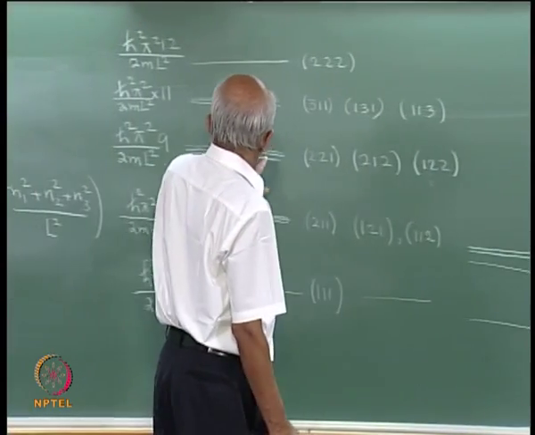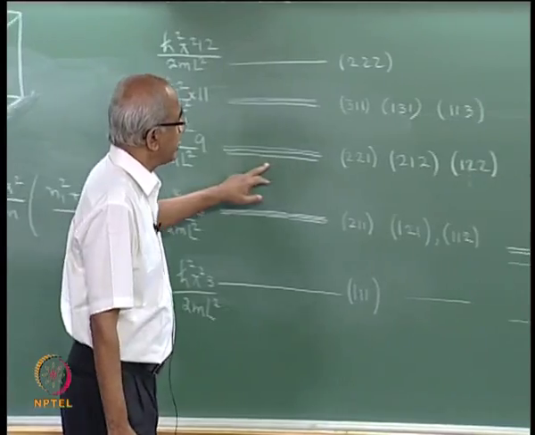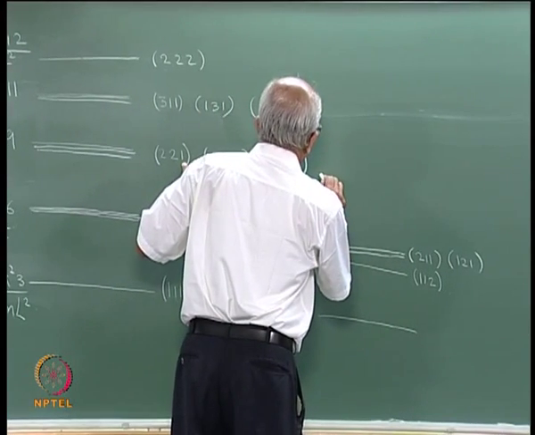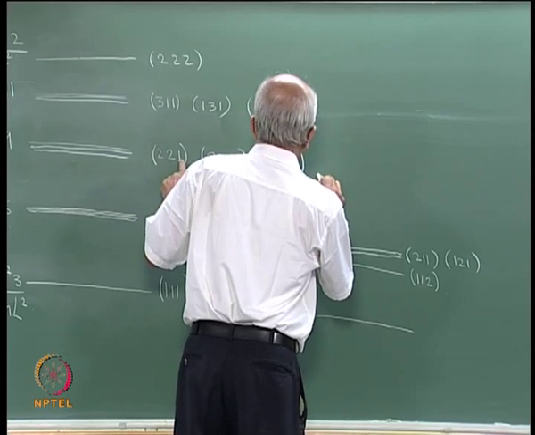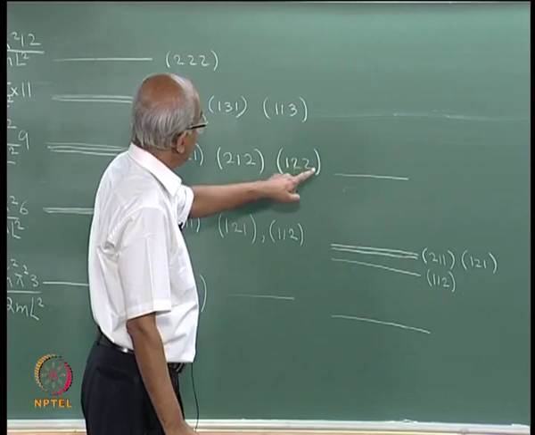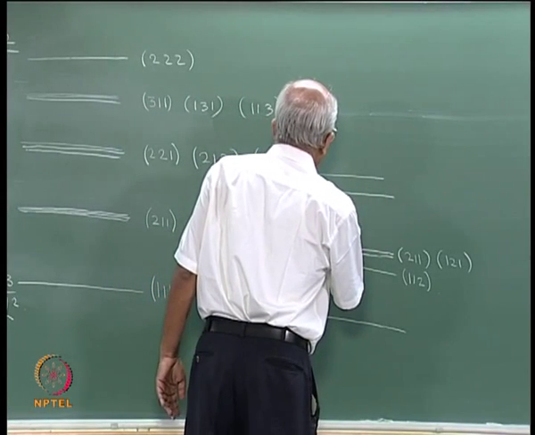Now, in a similar fashion, the same kind of thing will happen with this. There, 221 will be lowered, but 212 and 122 will be lowered even more, and therefore, they will remain degenerate.